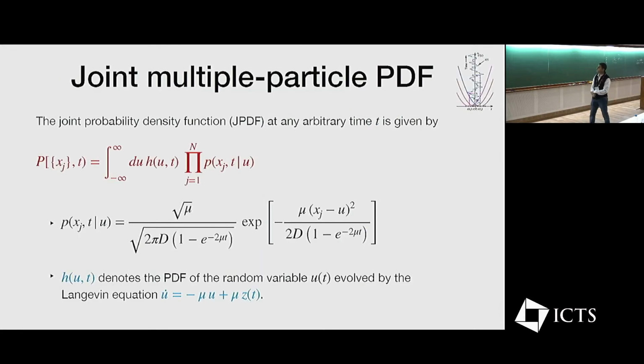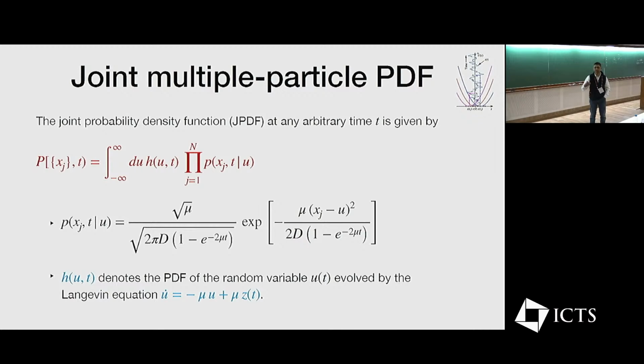In this case, you can again find the joint distribution explicitly at any time, which has this form, where P is given by this, and H of u is the probability density function of this variable u, which has this dynamics. So u has its own process, and z of t is still arbitrary at this point.